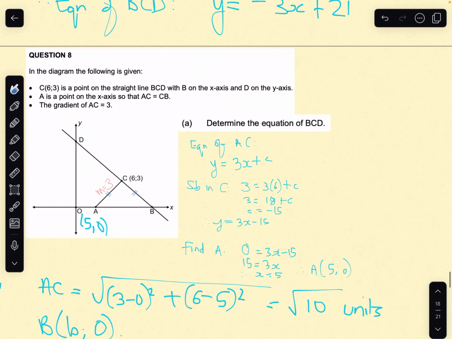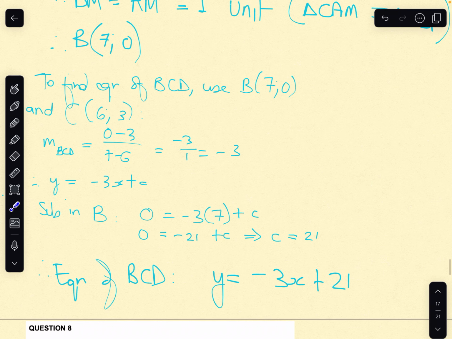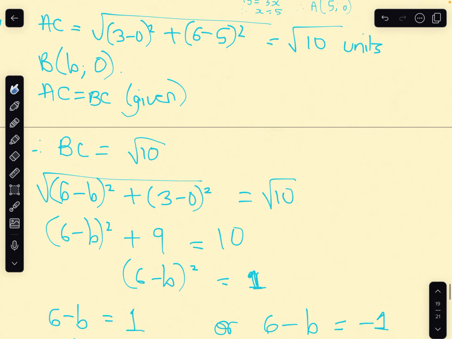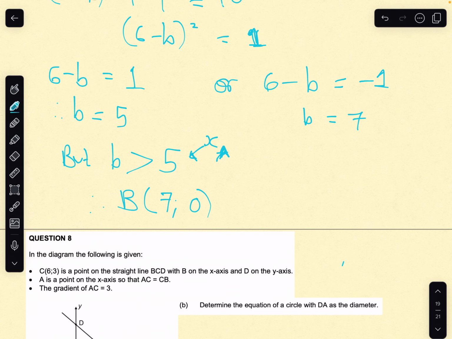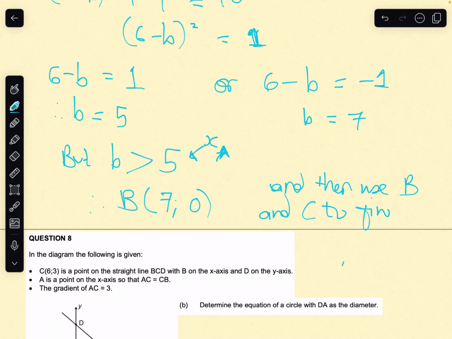So that was just another way of getting the coordinates of B, and then from there we can do the same process we did before, this process to find the equation of BCD using these 2 points. Use B and C to find the equation of BCD.